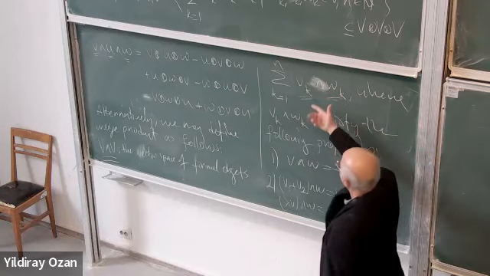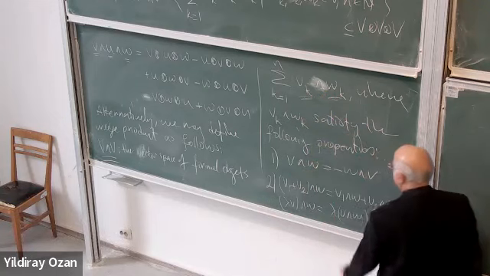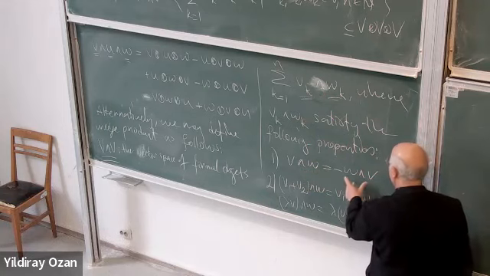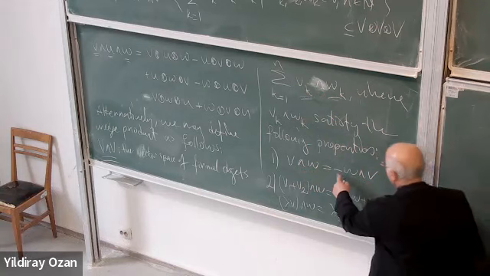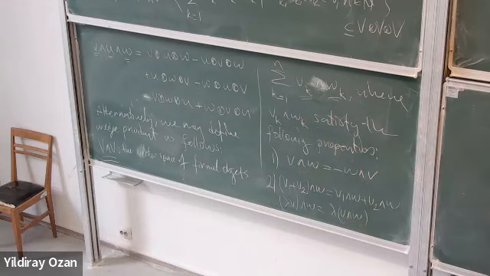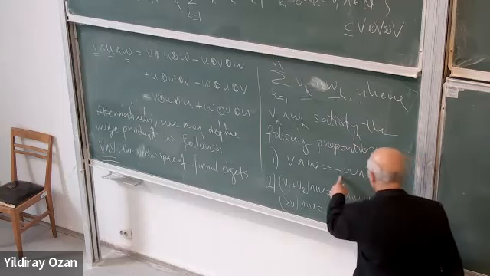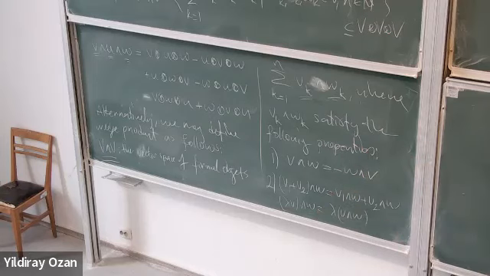And whenever I have this gadget, I will regard this guy as the same as this guy. So if I change two components, I will have a minus sign here. And of course, using this, you have the same property for the other one.